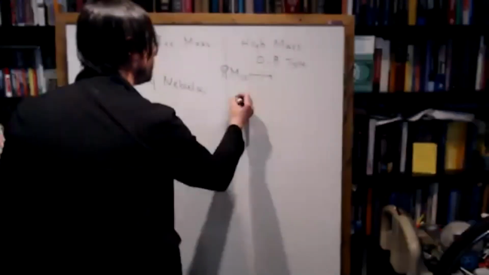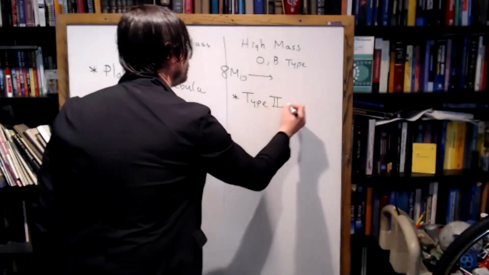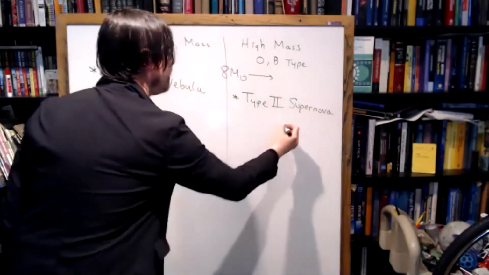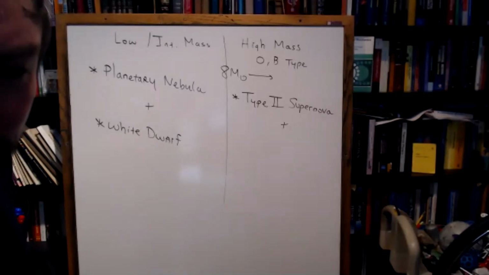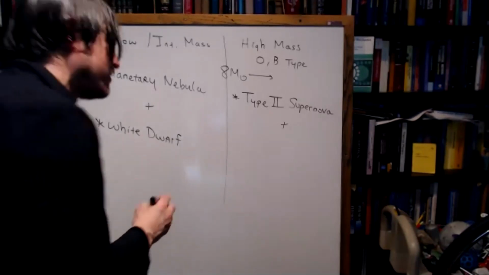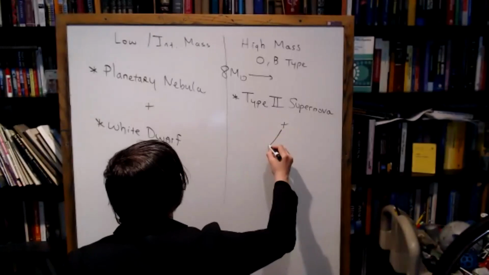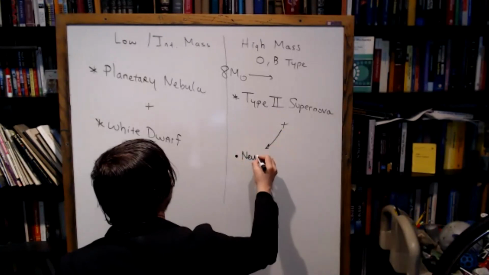For a high mass star, you get something called a type 2 supernova. And as we mentioned last time, there is not one potential remnant, but two potential remnants to your high mass star. If they're a lower end high mass star, you might construct a neutron star at the core.